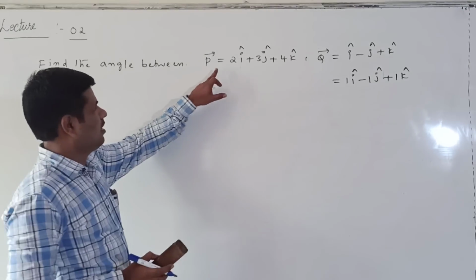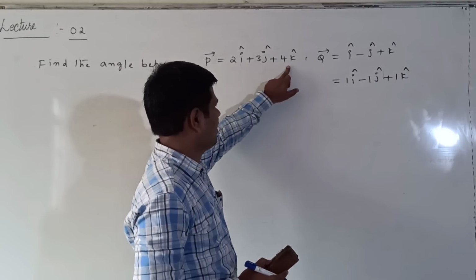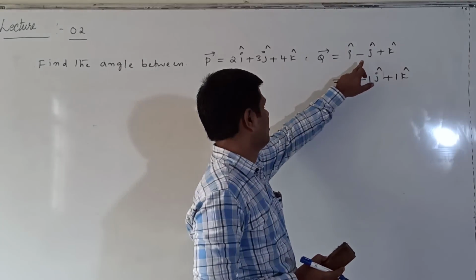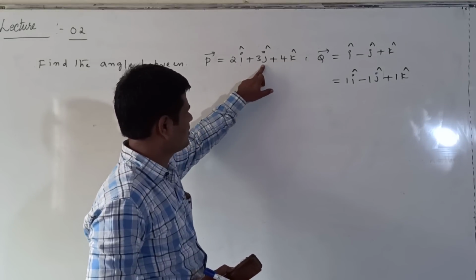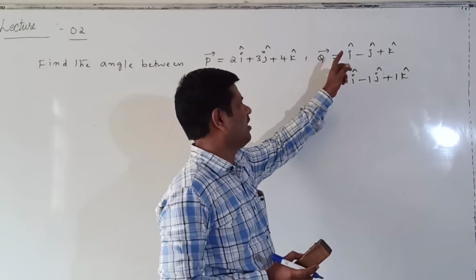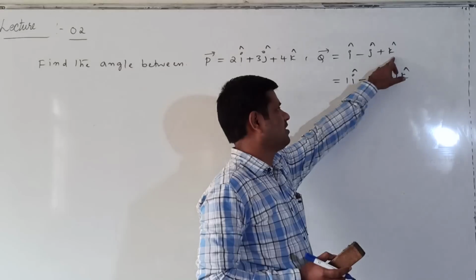Find the angle between p bar is equal to 2i cap plus 3j cap plus 4k cap, and q bar is equal to i cap minus j cap plus k cap.